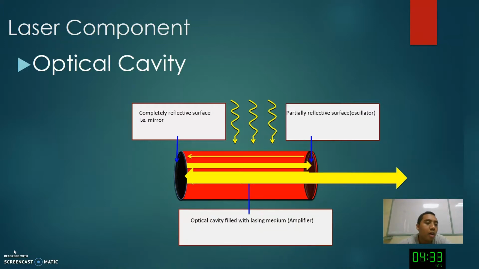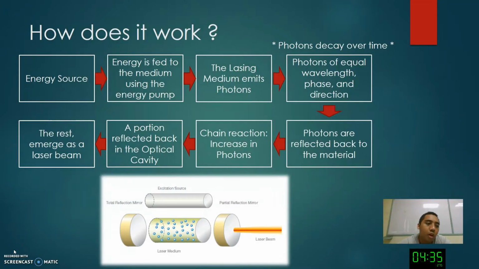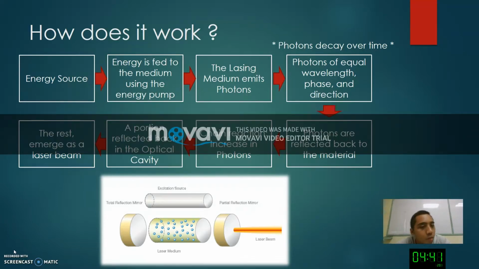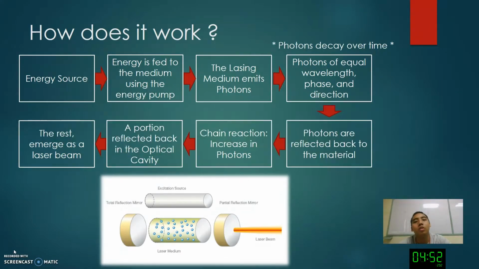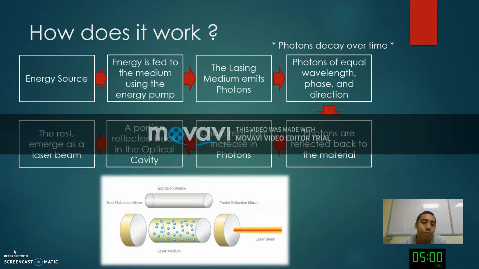Next, I would like to answer the question, how does it work? First, the energy from the energy source is fed into the medium using the excitation mechanism or energy pump, which allows the lasing medium to emit light and generate photons. These photons decay over time, but these photons are of equal wavelength, phase and direction.